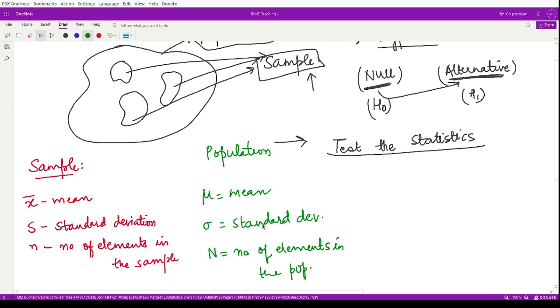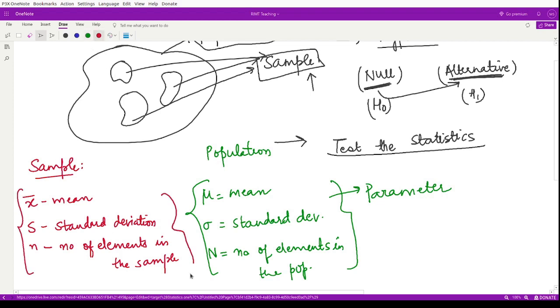So these are the parameters. In the case of a population, we call these parameters, and in the case of a sample, we call these statistics.